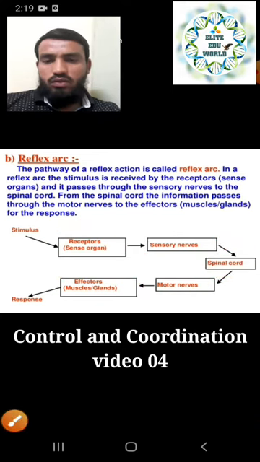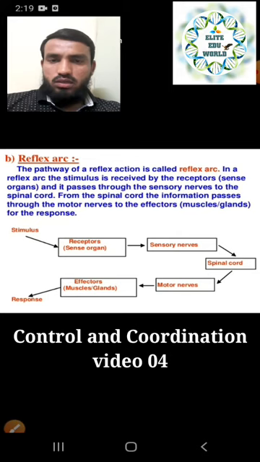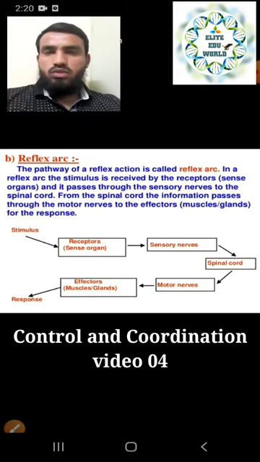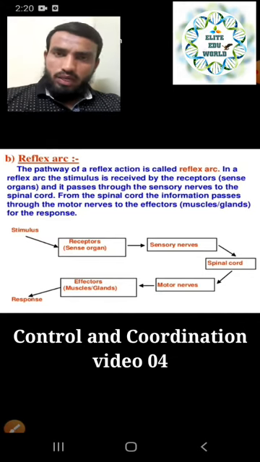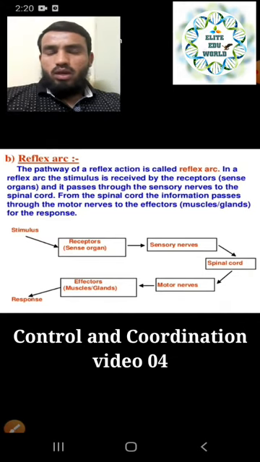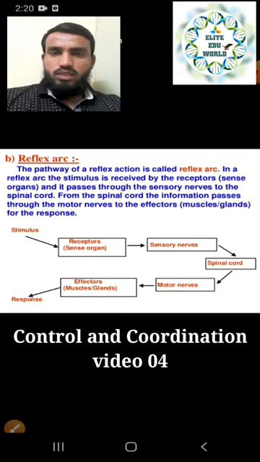So the whole pathway is complete: from the stimulus through the receptor, through the sensory nerves it reaches the spinal cord. Then from the spinal cord it goes through the motor nerve and reaches the effector, our muscles or glands, and the response happens.